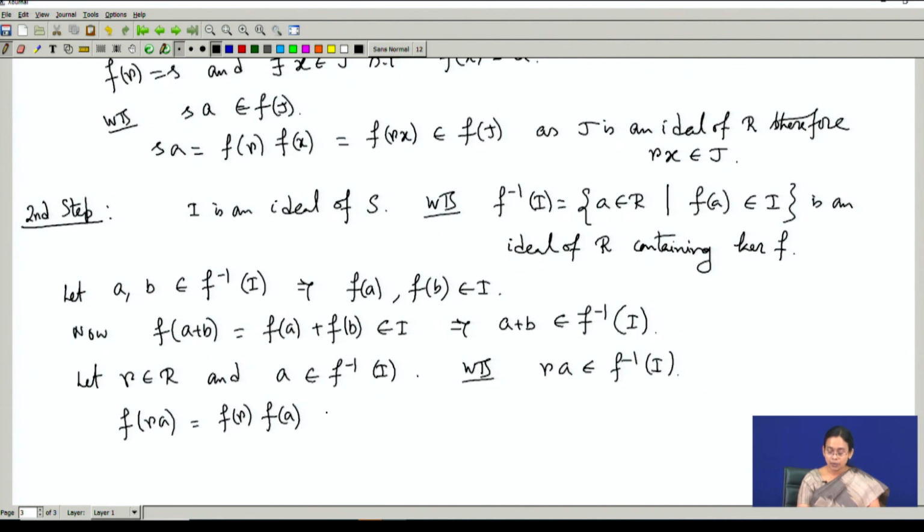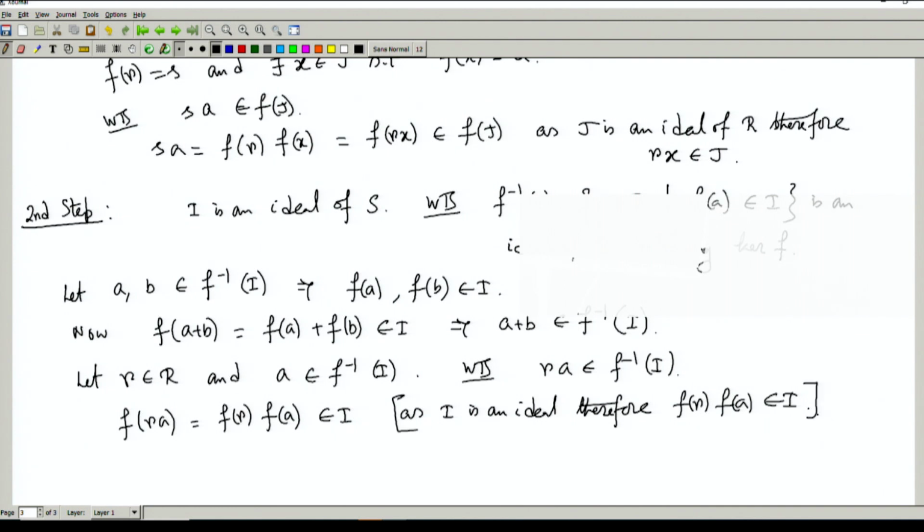Therefore, this belongs to I. As I is an ideal, f of r times f of a belongs to I.